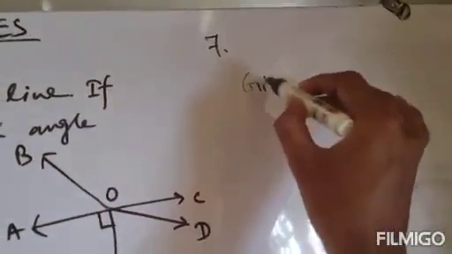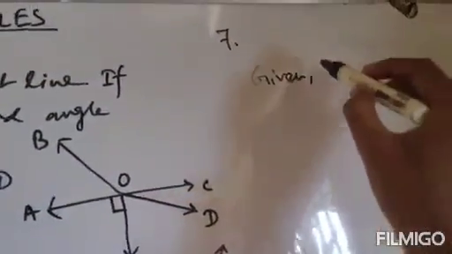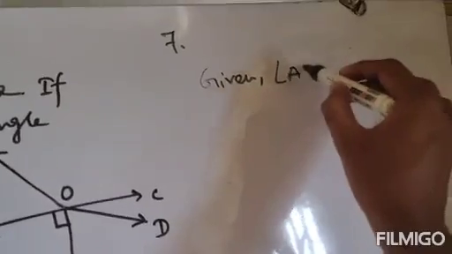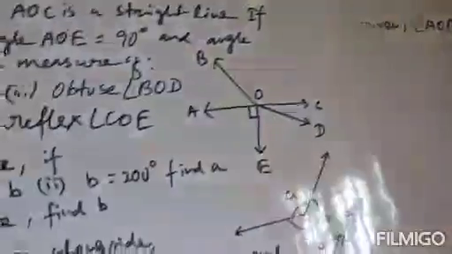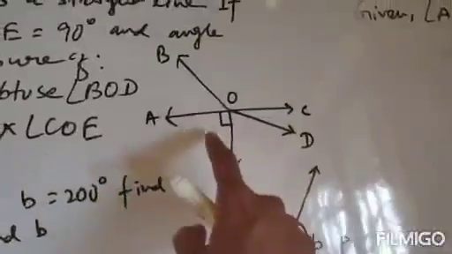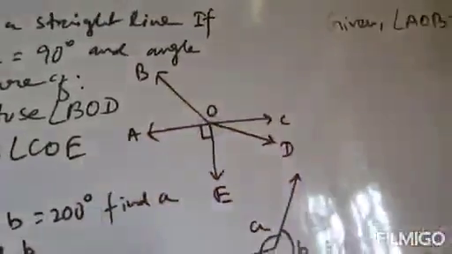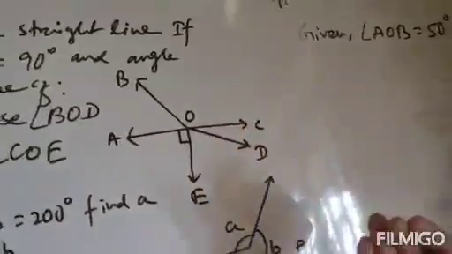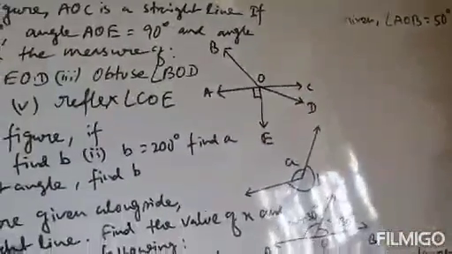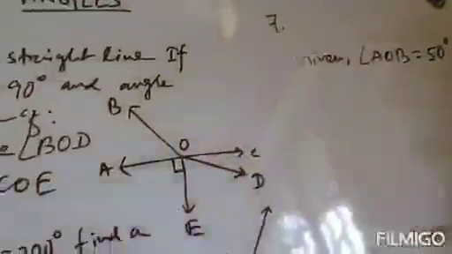First, given that angle AOB is 50 degree. I am not drawing the diagram separately. In your exam, you will draw this diagram first, then you will start answering the questions. Clear? So angle AOB is given as 50 degree.